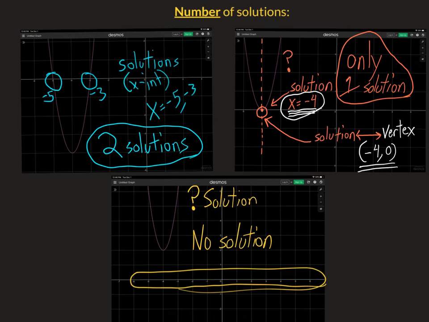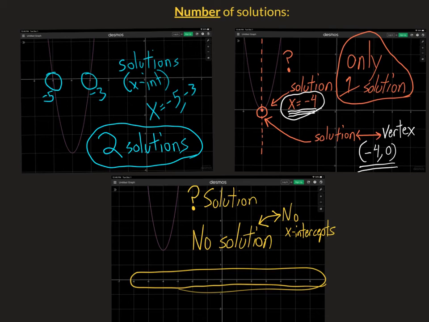We've got a graph parabola. It is a quadratic. Everything's as it should be, but it's been raised up above the x-axis far enough that there are no x-intercepts. So if there's no x-intercepts, there's no solution.